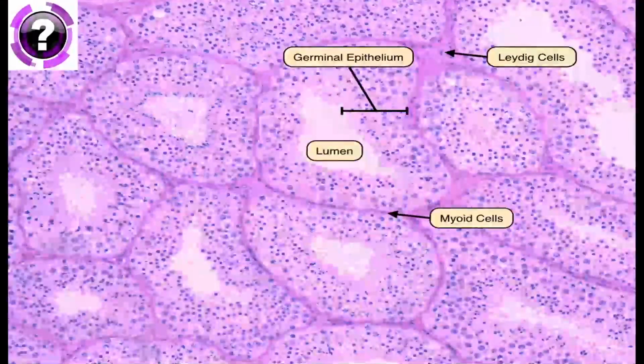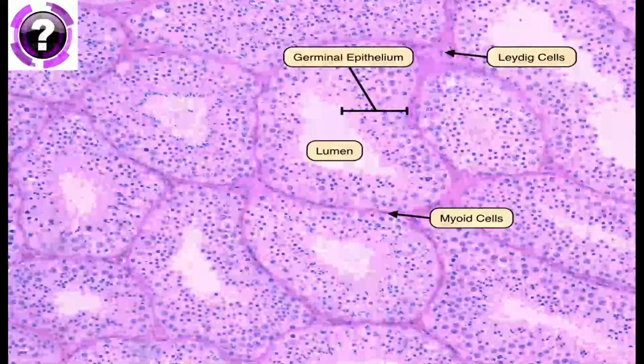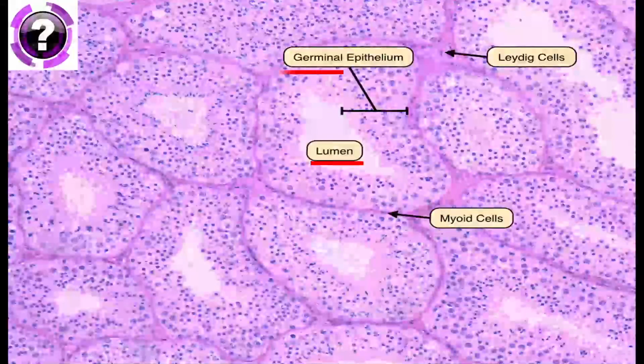Therefore, it becomes very much packed, and therefore we see these cross sections of seminiferous tubules, one very much compact with the other. Each seminiferous tubule will have a lumen, so that the mature sperms will be traveling through these lumens.